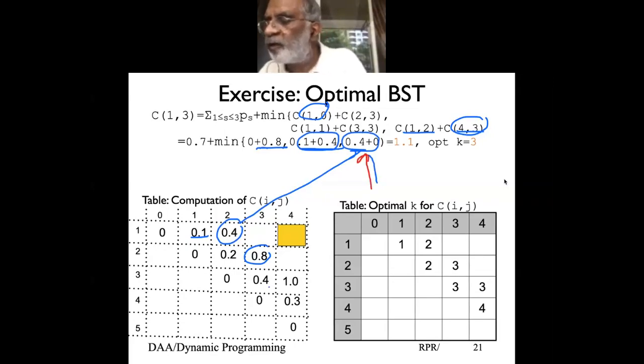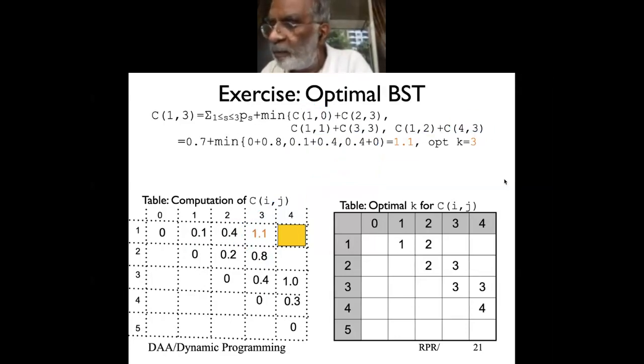And the minimum comes for k is equal to 3. C13, the minimum is 0.7 plus 0.4 which is 1.1, and that is what you get, 1.1 here. And this minimum value comes from k is equal to 3. So we keep root as k is 3 here.